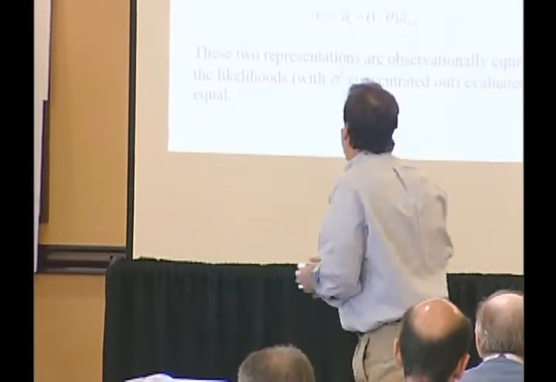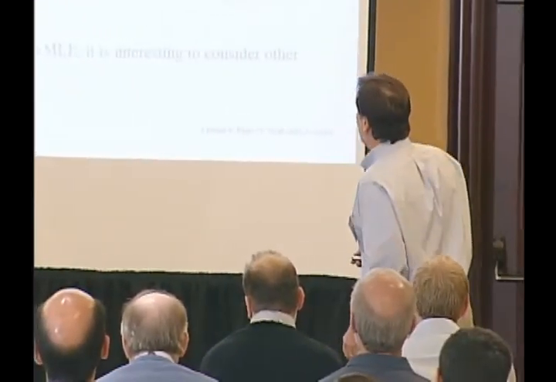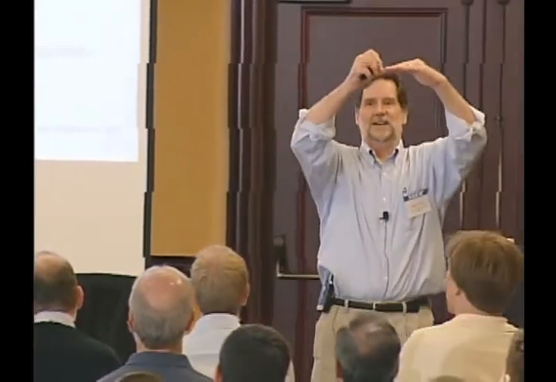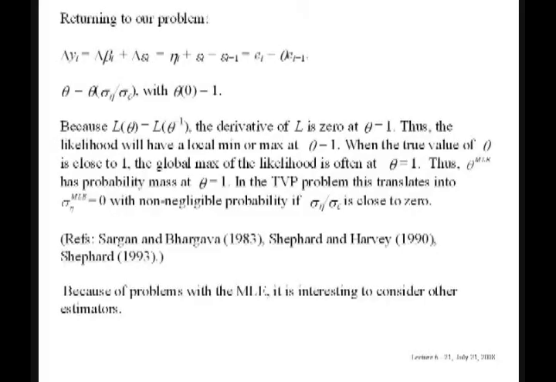Okay. Now, imagine a true model in which theta is really close to 1. Well, then except for sampling error, the expected peak of the likelihood is at theta, but add a little noise, and that might hop over to 1.